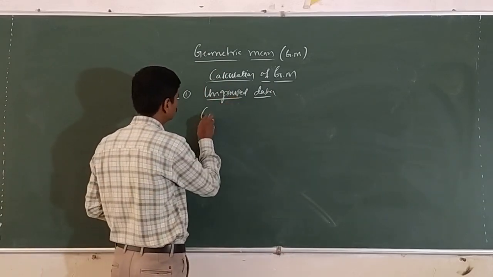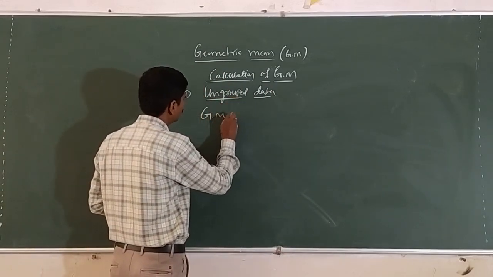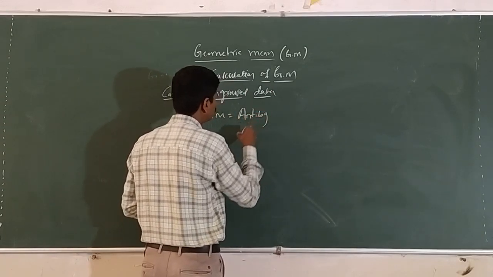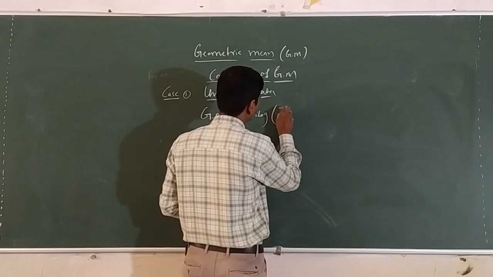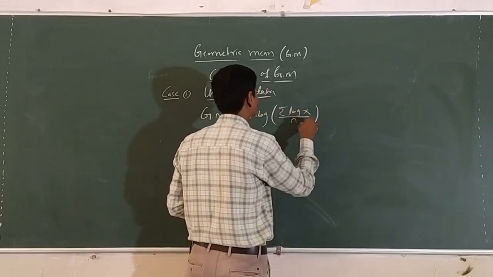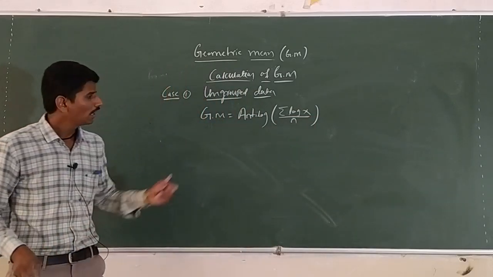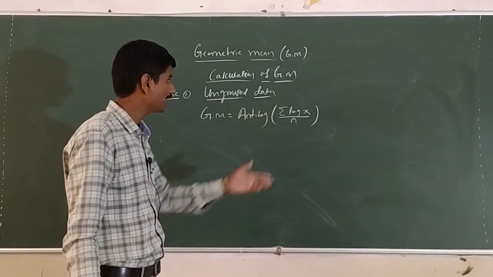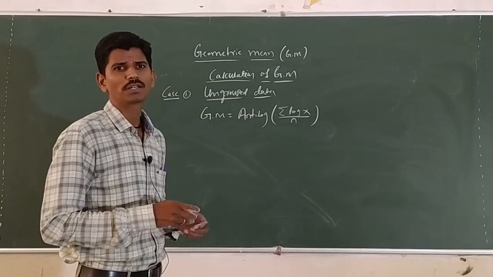GM equal to antilog of sum of log x by small n. Here small n is the number of observations.